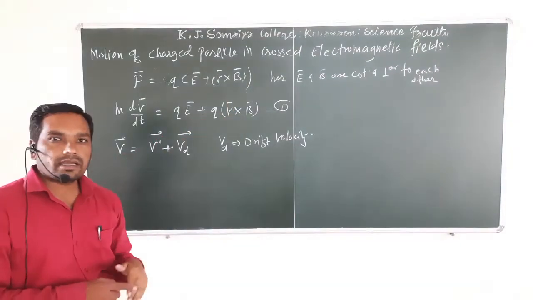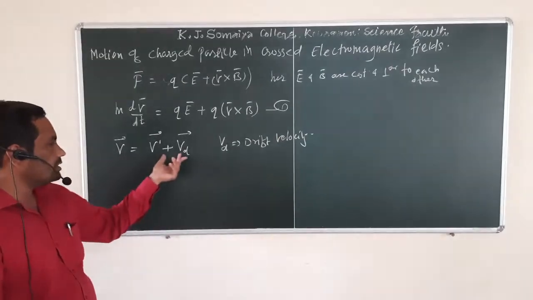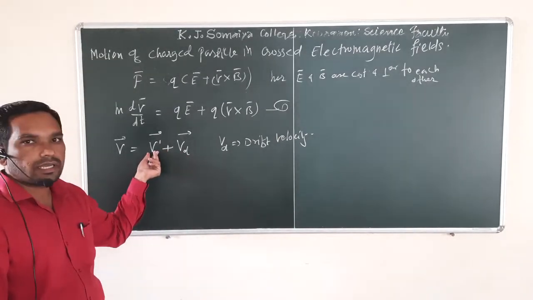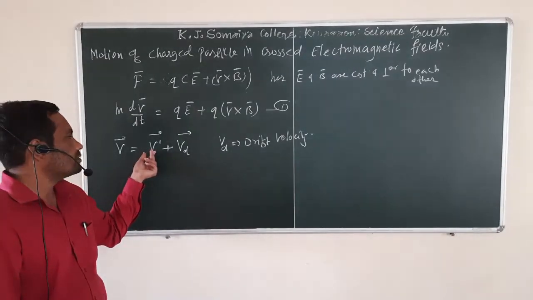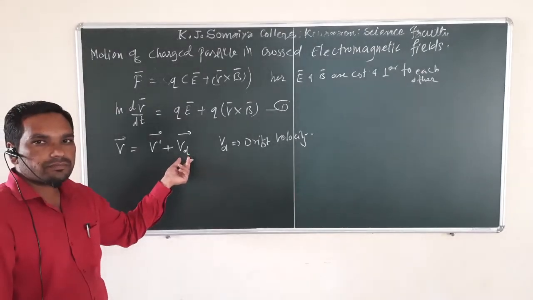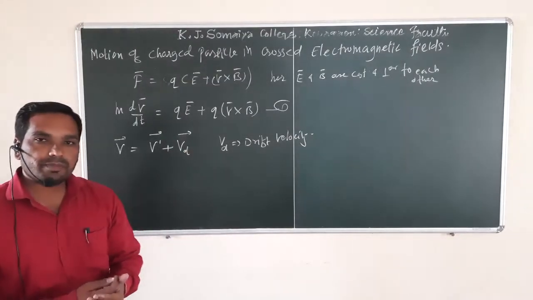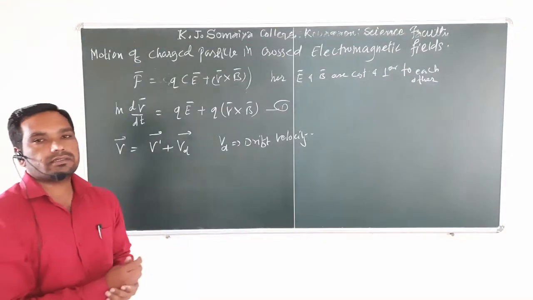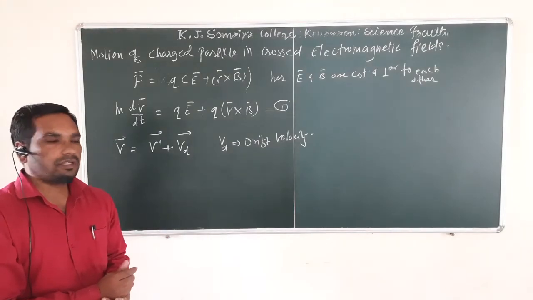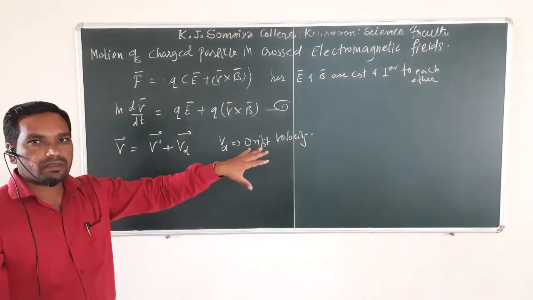Accelerating and direction changing both result in an additional velocity component. This is the original velocity, which is constant due to the magnetic field, and this is due to the electric field. Due to this electromagnetic field, the charged particle is accelerating as well as changing its direction, so the particle is like drifting in space.